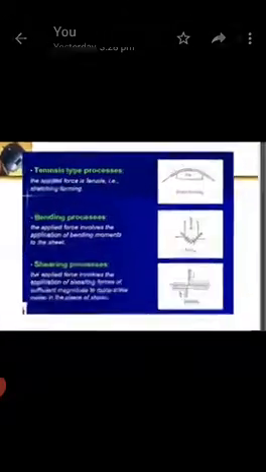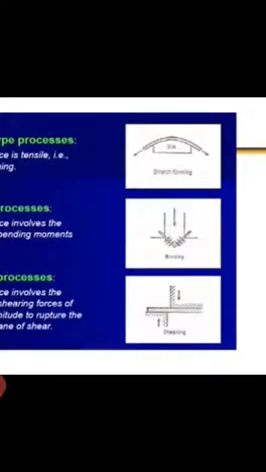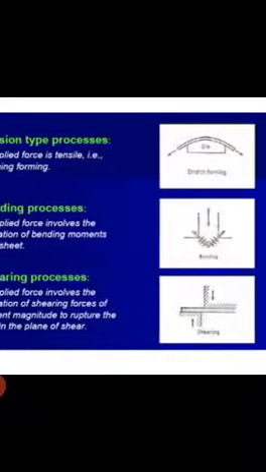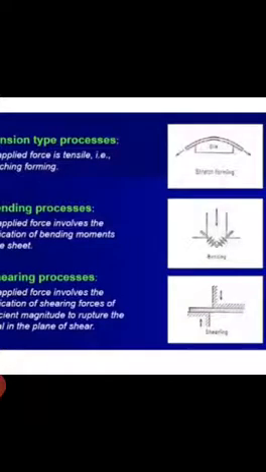The next one is the tensile type. In this type of metal forming, direct tensile force is applied to the workpiece during forming. For example, the stretch forming process falls under this category.